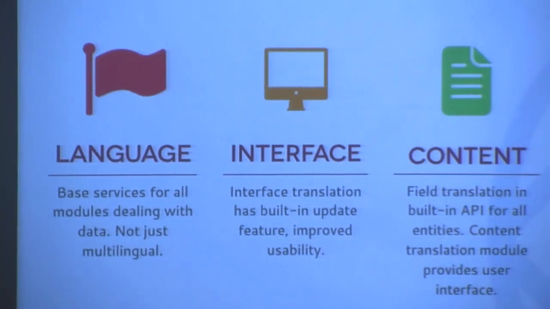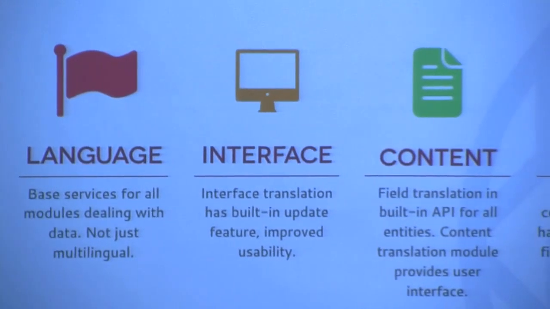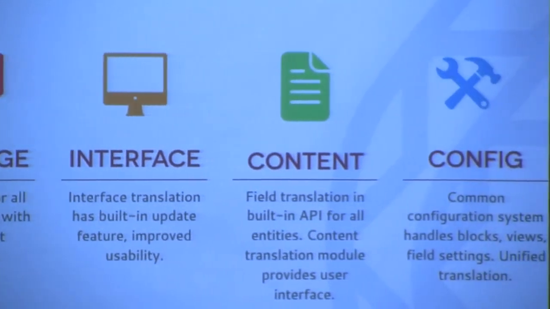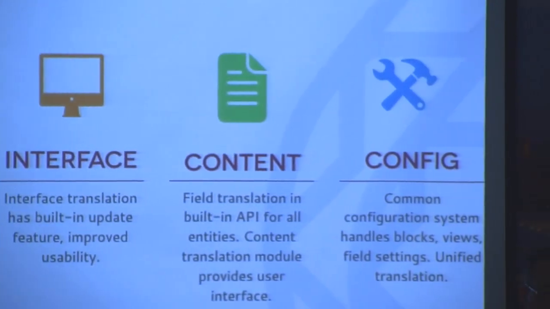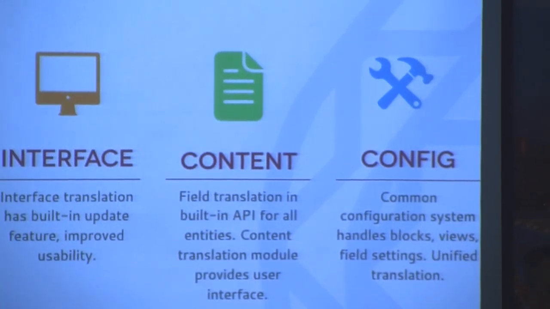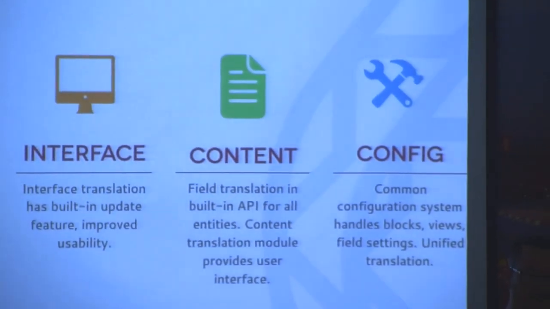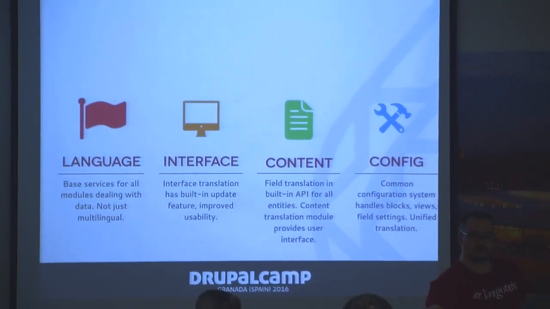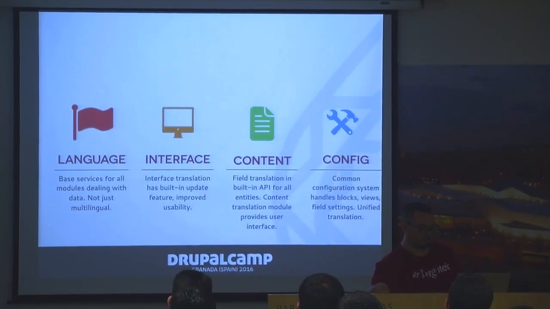Then you have the content translation module. From Drupal 7, you will remember that we had 2 different options. You had the core node-based translation, which duplicates your content. So if you have a node in 2 languages, you end up with 2 nodes.